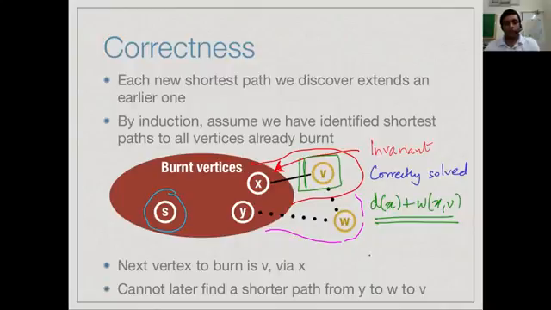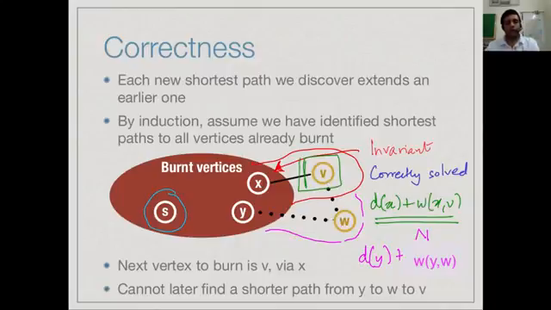So it's easy to see that the distance to Y plus the cost of WXY must be bigger than or equal to the earlier thing, because we chose V and not W, because at this point W was not the smallest one, V was. Now perhaps they were equal, but certainly W was not less than V.